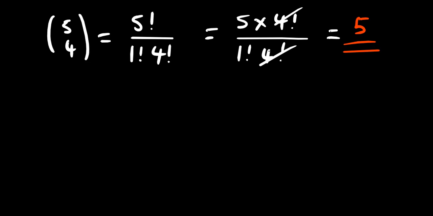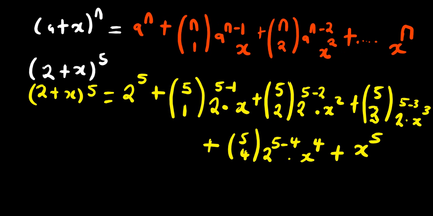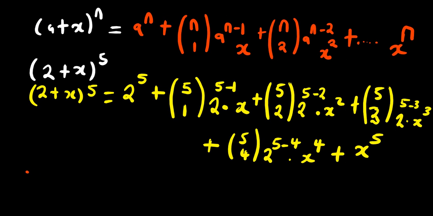Now that we've found the answers, let's replace where there are combinations to see what we are getting. This is our expression. So let's write the answer. 2 to the power 5, that is 32. So I'm going to have 32 here, plus 5 combination 1.